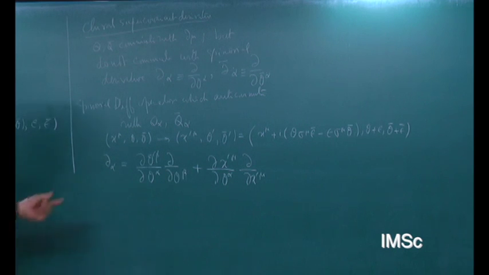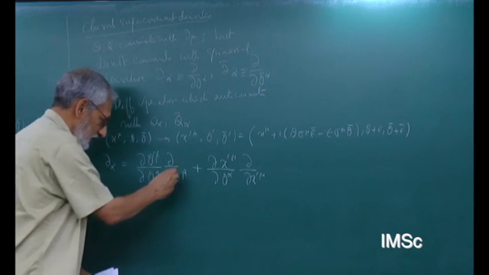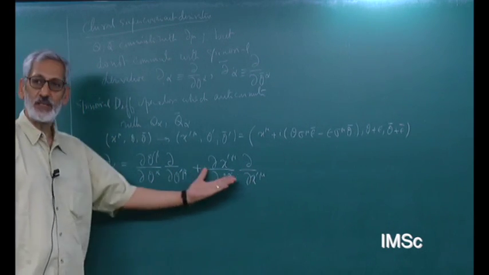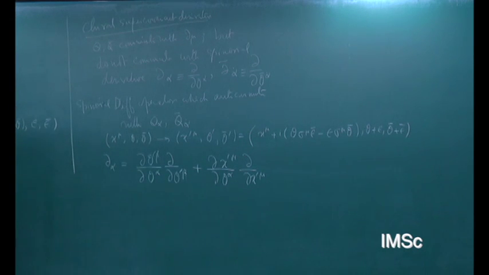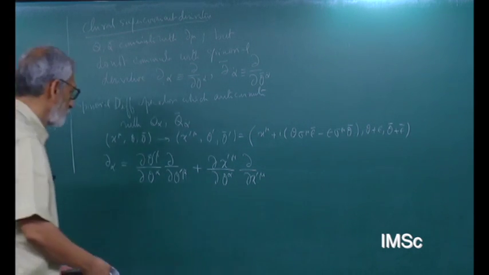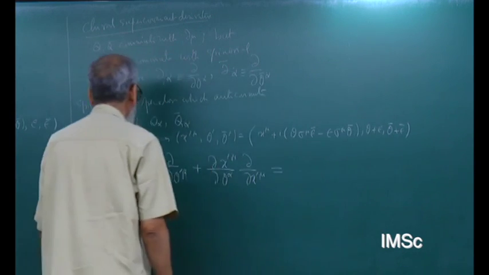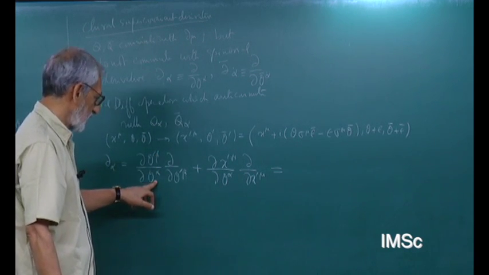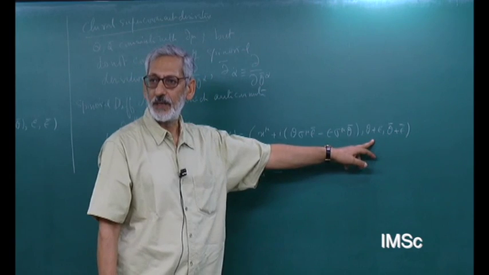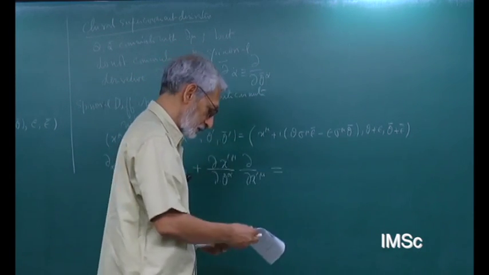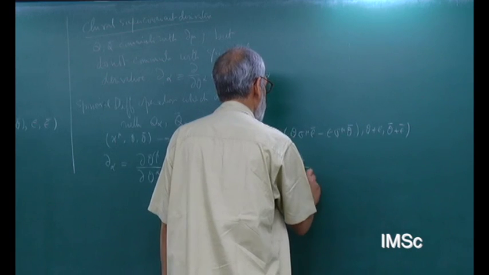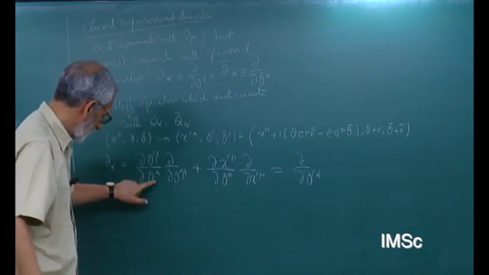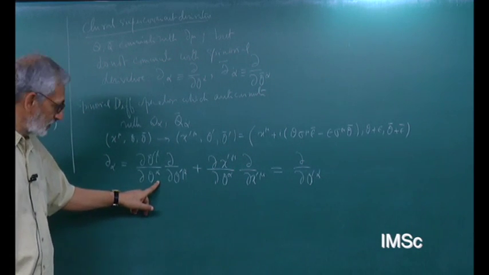So if I want to change this object into derivatives of the prime system, this is the rule I have. Now d theta prime beta by d theta alpha is simply delta alpha beta. So that gives me d by d theta prime.